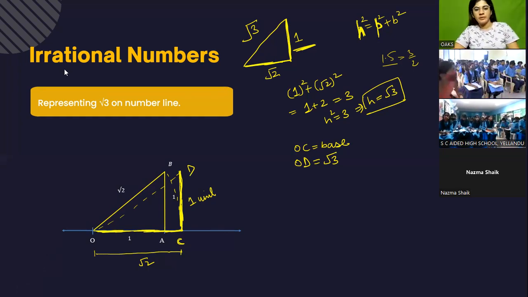Sorry for the inconvenience. So we get that OD is equal to root 3 units. Everybody gets that, right?